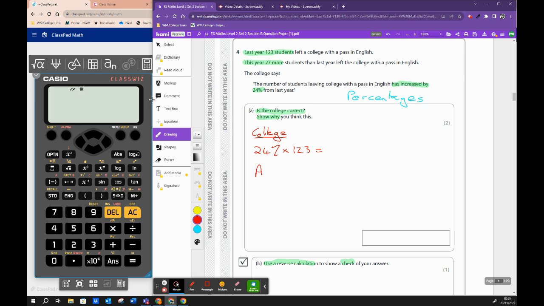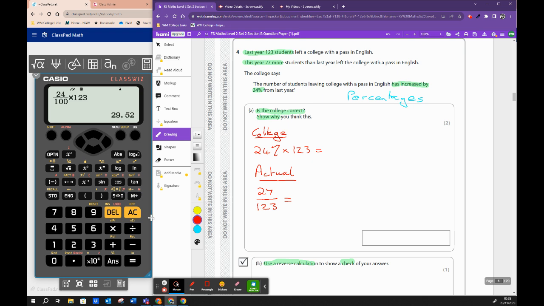We could do an actual calculation, and we could say what percentage is 27. So that would mean let's see what 27 out of 123 looks like. Okay, let's go to our calculator and do those calculations and see where we end up.